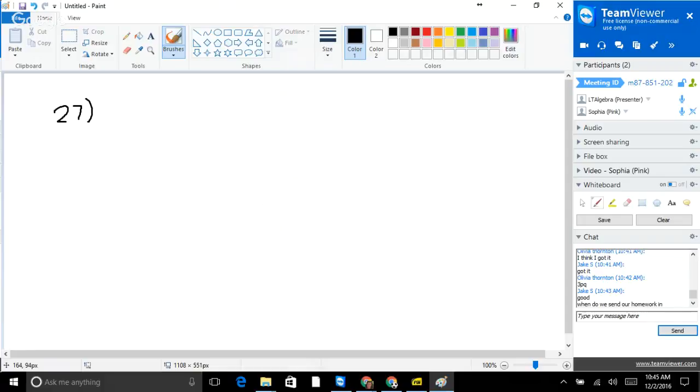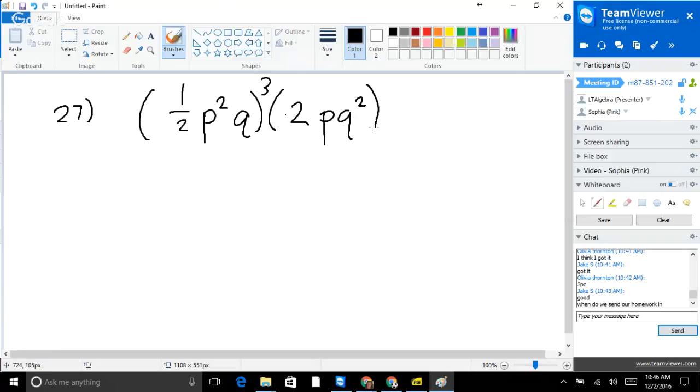Okay, so let's do 27 first. So we've got (1/2 p squared q cubed) times (2p q squared to the 4th power).